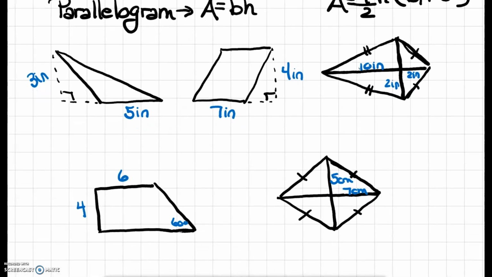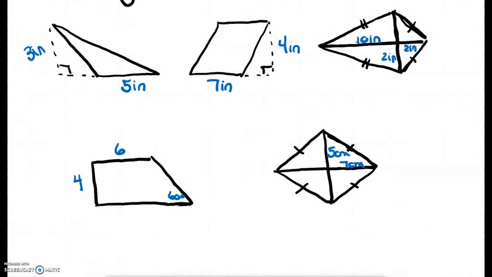All right, so here we go. We have a triangle, and they're asking us to find the area of it. Remember, the height is always perpendicular to the base, and you can see the perpendicular symbol right here, so I know 3 inches is the height. Let's plug that into my formula.